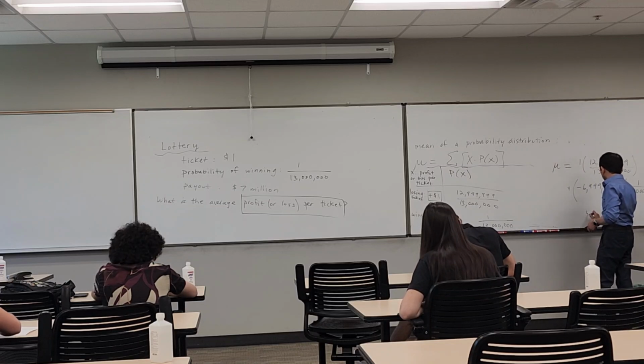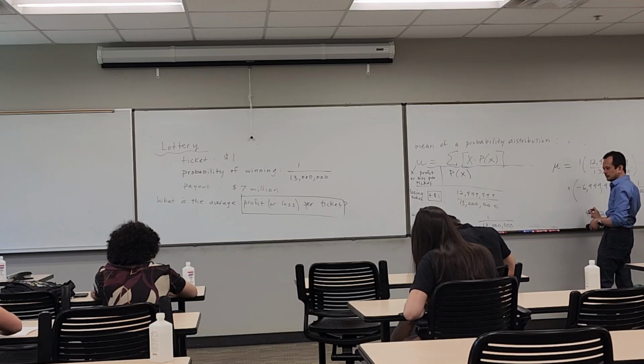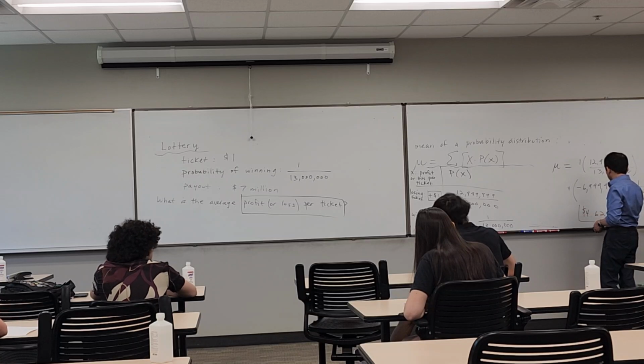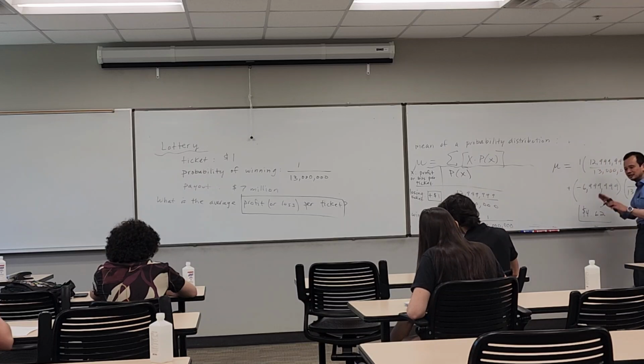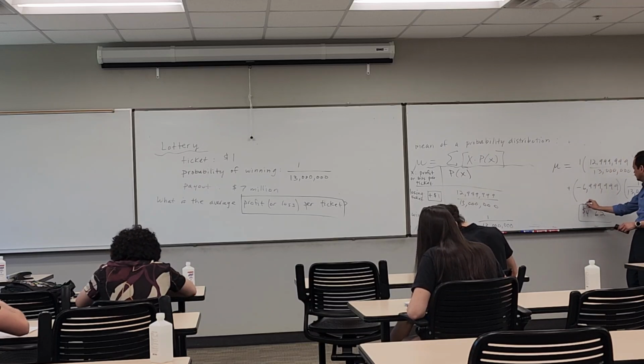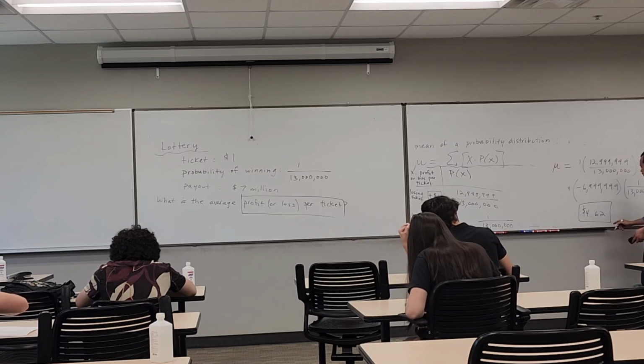Okay, so one proposed answer is 4.62, and what are the units on that? That would be dollars, right? It'd be 0.462 dollars. Okay, very good. Let's talk about whether this answer might make sense.